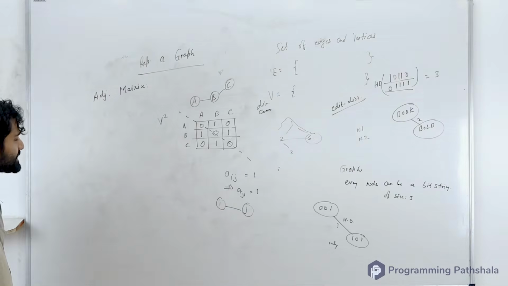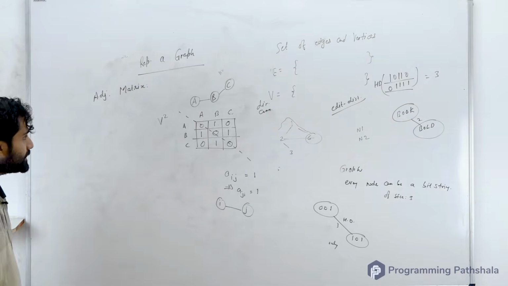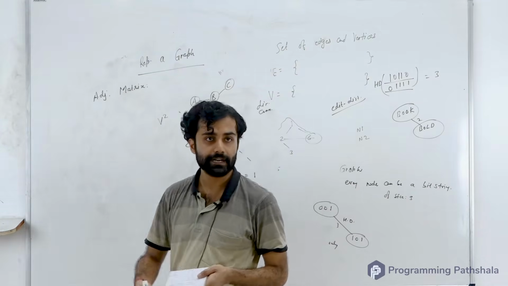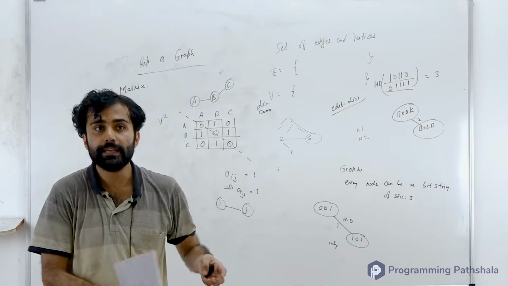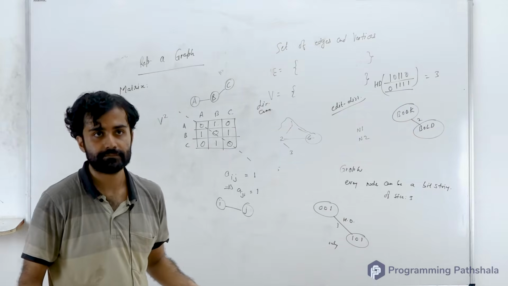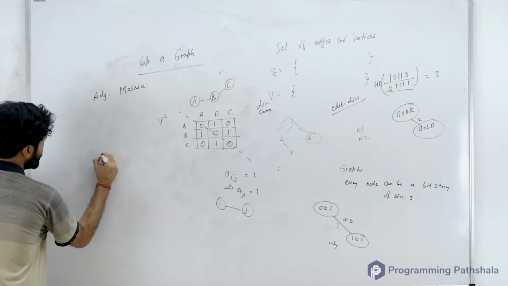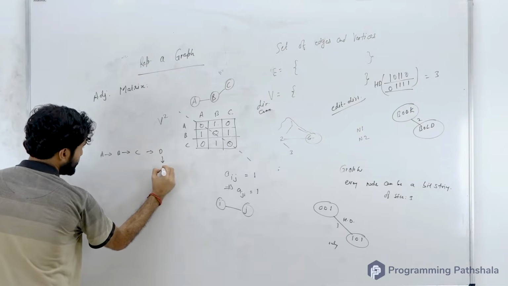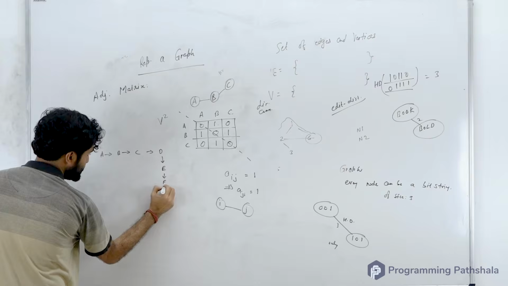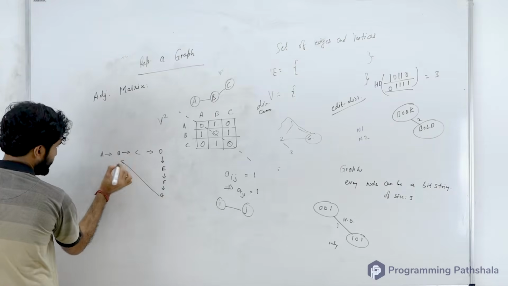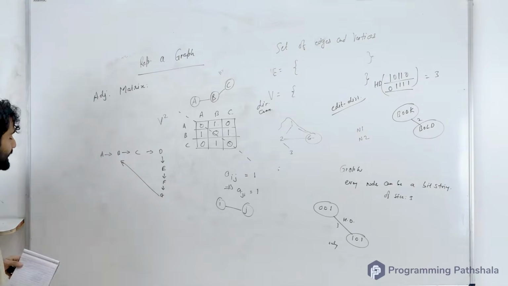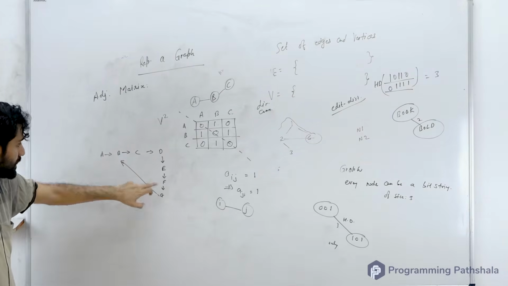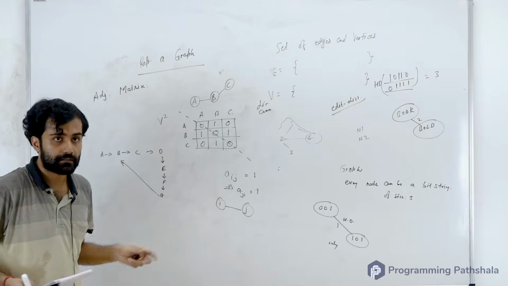Tell me one thing, sometimes there is a graph in which there are many vertices, but far fewer edges. For example, we have a graph like A connected to B, connected to C, connected to D, E, F, G. So this is a graph that has 1, 2, 3, 4, 5, 6, 7, basically 7 vertices.